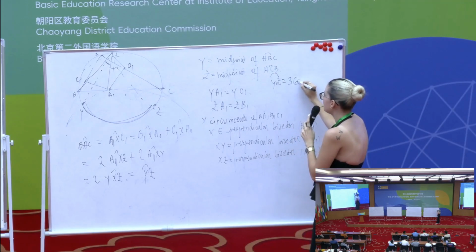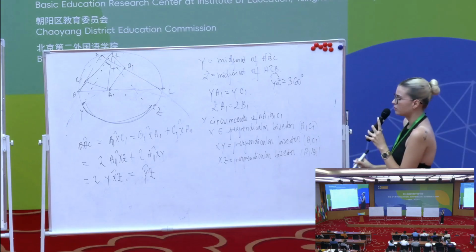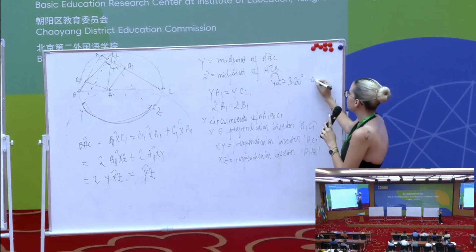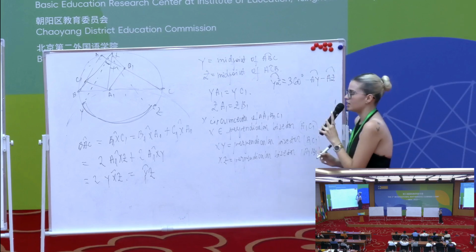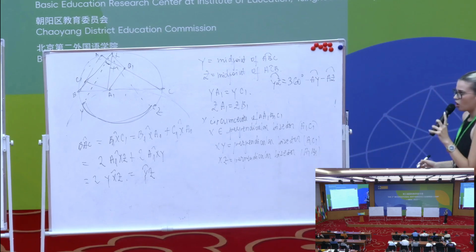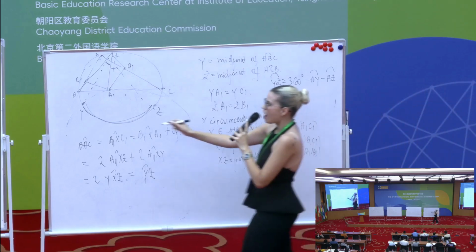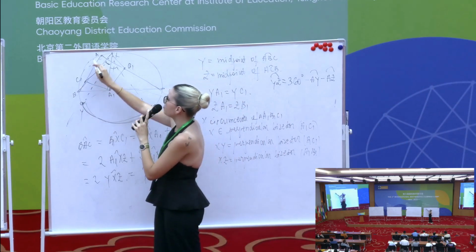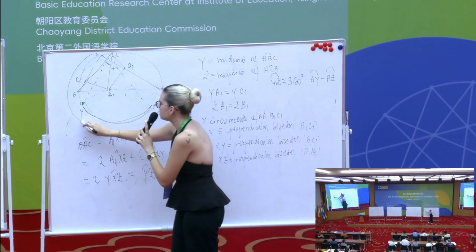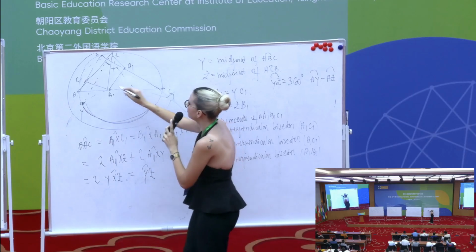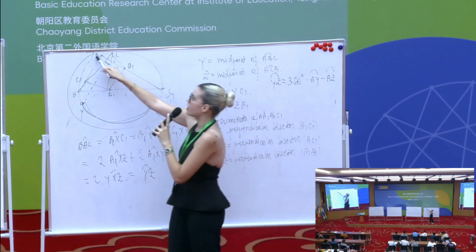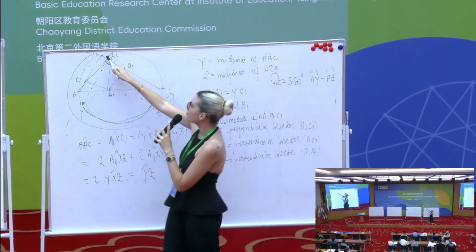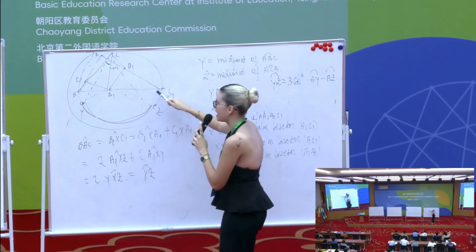It's 360, the whole circle, minus the arc AY and minus the arc AZ. Okay, but Y is nothing but the midpoint of this big arc right here. So basically, the arc AY is half of the big arc ABC.